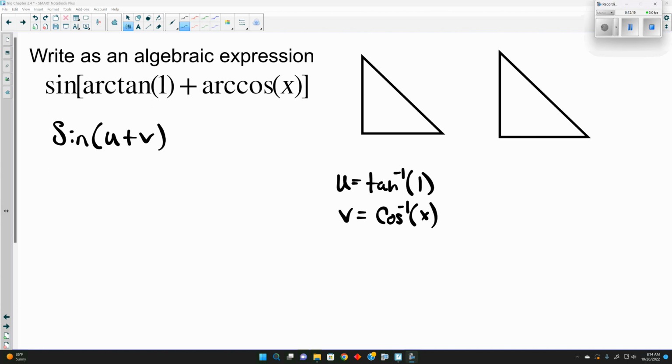Well, looking at this here, this problem's a little bit nice in that we're still using tangent inverse for u and cosine inverse for v. So it means over here for our triangle with u, tangent is opposite over adjacent. It's going to be 1 over 1, which again means the hypotenuse is square root of 2.